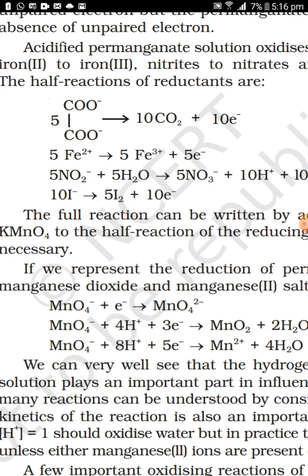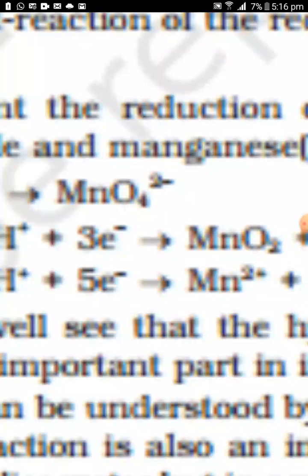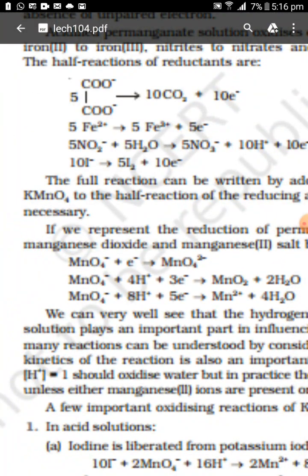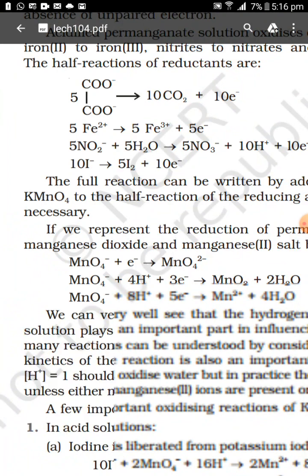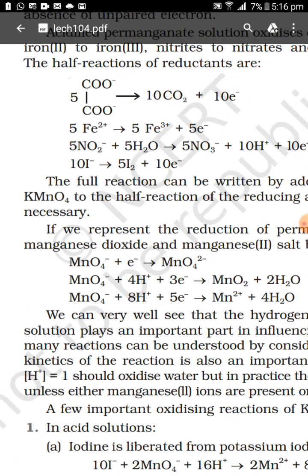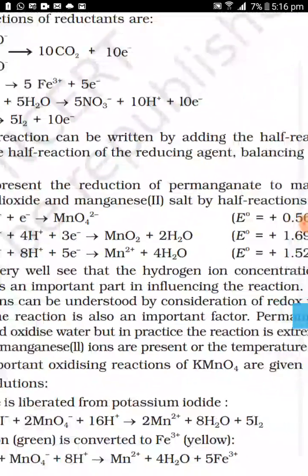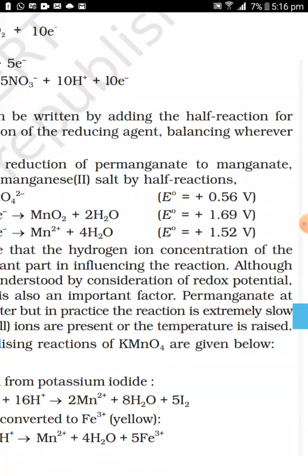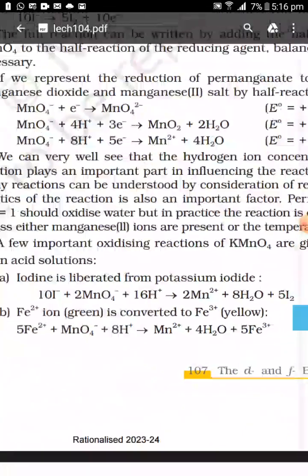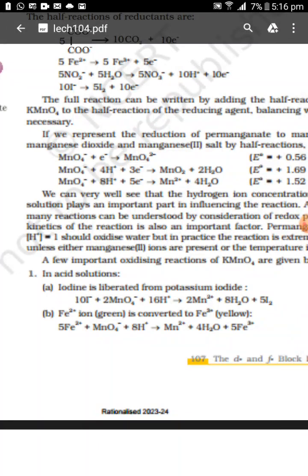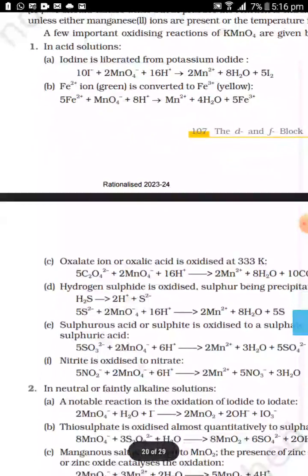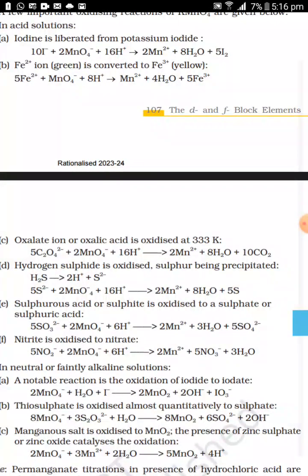In the second equation it will give you manganese dioxide with +4 oxidation state, and in the third equation, in acidic medium, this will give you Mn2 positive, with different reduction potentials. We will be using the oxidizing power of KMnO4 to oxidize iodide ions, then Fe2 positive to Fe3 positive, then oxalate to CO2.